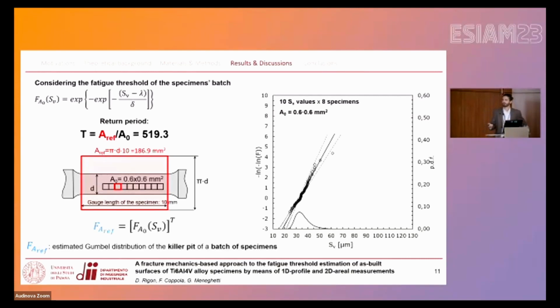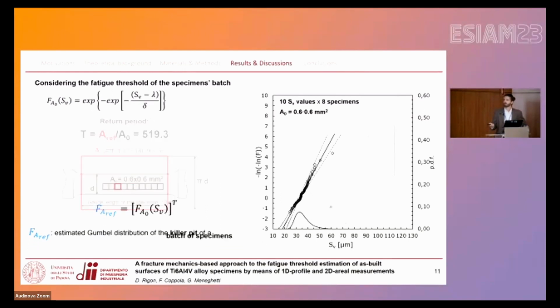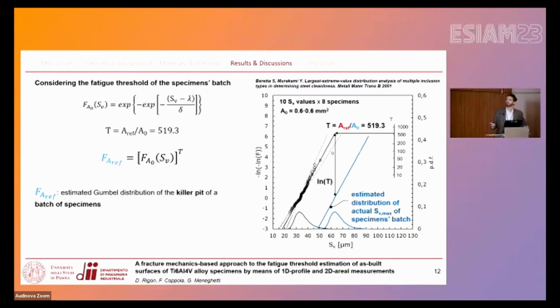By using this relationship, we can shift these distributions to the right for obtaining the estimated Gumbel distribution of the killer pits of the batch of specimens. So here we have the distribution that will be used for estimating our fatigue limits.